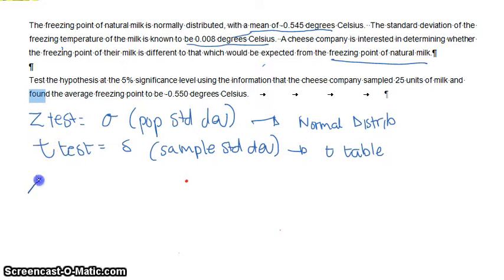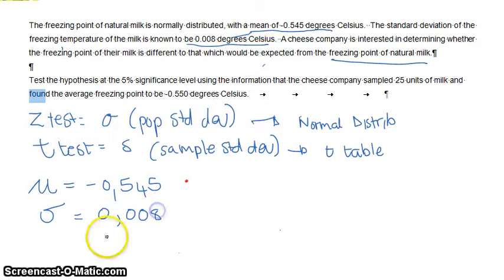What do we know? Let's see, we know mu is minus 0.545. We know that population standard deviation, or sigma, is 0.008. Based on the sample, we know that x bar is equal to minus 0.550.